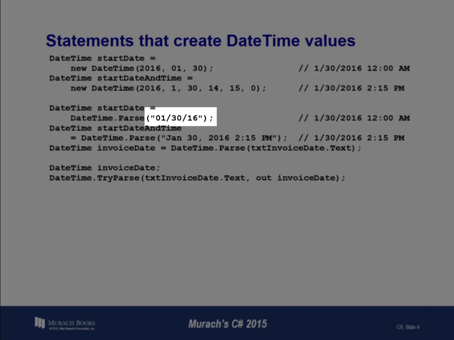So the built-in methods for DateTimes are actually pretty clever. They can take something like 01/30/16 and convert that to a date, or even the abbreviation Jan for January 30, 2016 at 2:15 p.m. and interpret that as a date and time.